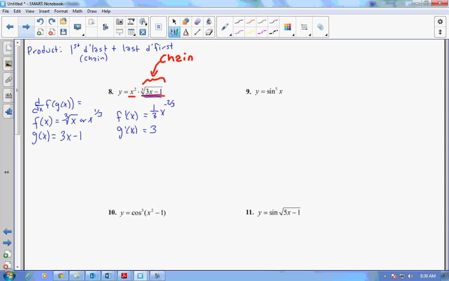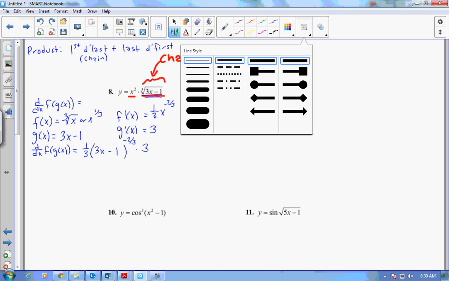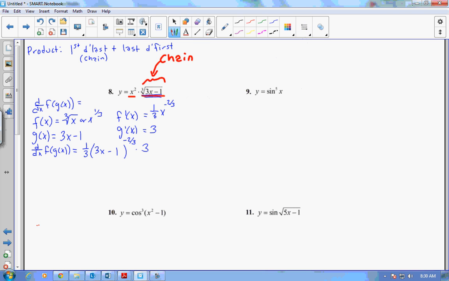Okay, so if we're just doing the chain rule, still ignoring the x squared, we'd have d dx of f of g of x equals f prime, which is 1/3 x to the negative 2/3, but in the x we plug in g, 3x minus 1, times g prime, which is 3. Ooh, look at those. Is there any way to cancel? Yeah, 3 and 3 cancel.